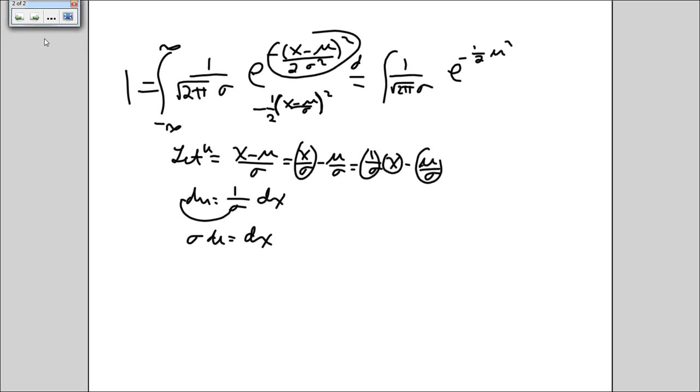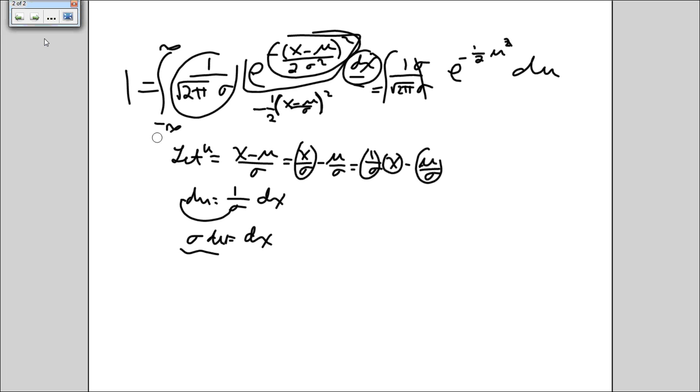Oops, I forgot to write dx at the end. I wrote this in the u language, so dx is sigma du. I will put the sigma in front of the integral. And it turns out that the sigma cancels.